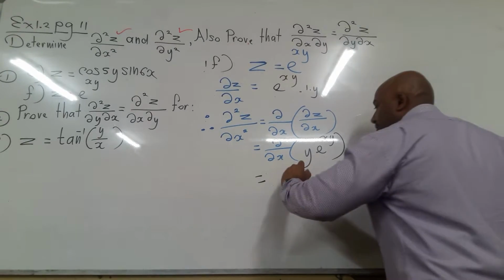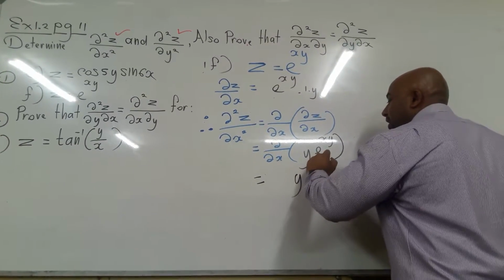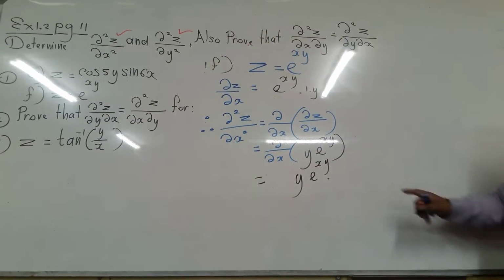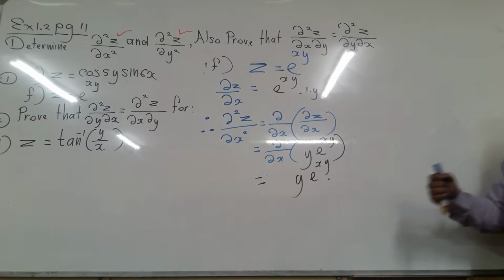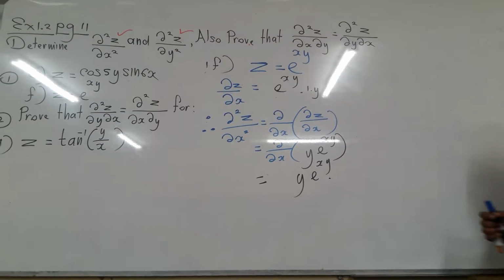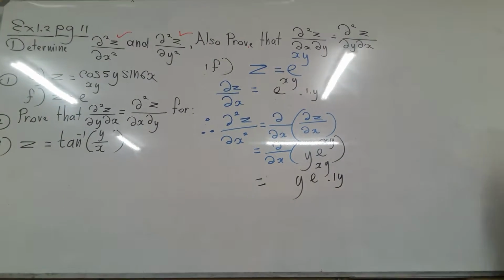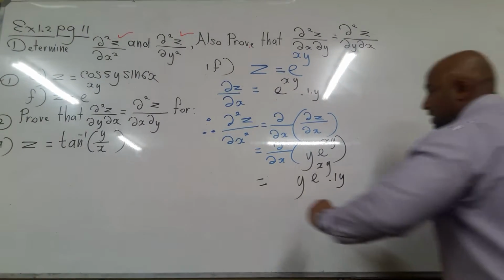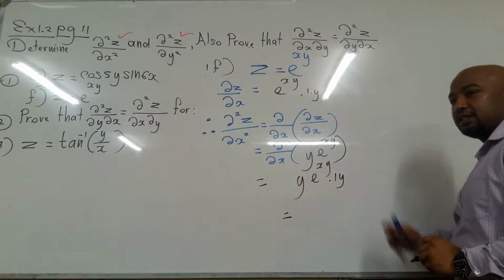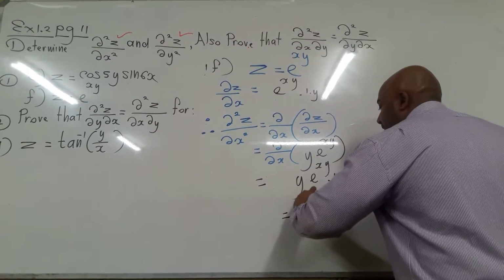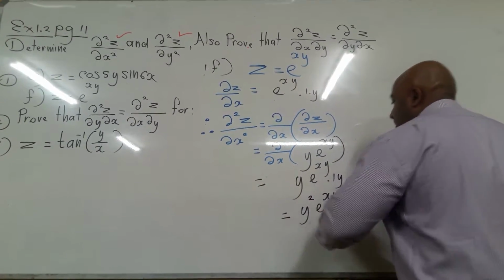So that will be y e to the power xy times the derivative of xy again with respect to x, so that will be 1 y. Which is now equal to, we can simplify, y squared e to the power xy.